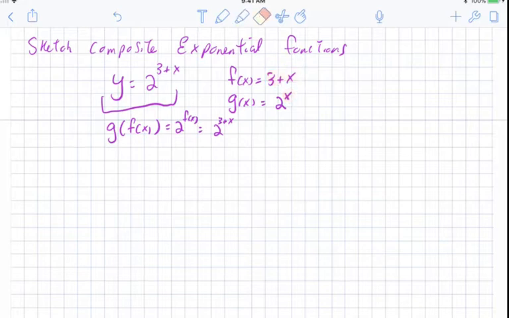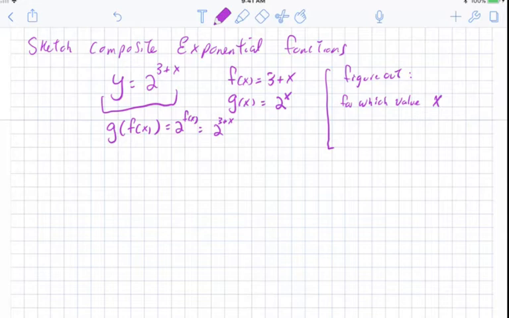Essentially, sketching a graph of this consists entirely of figuring out when all these things happen. Figure out for which value of x the input to the exponential is equal to 0.